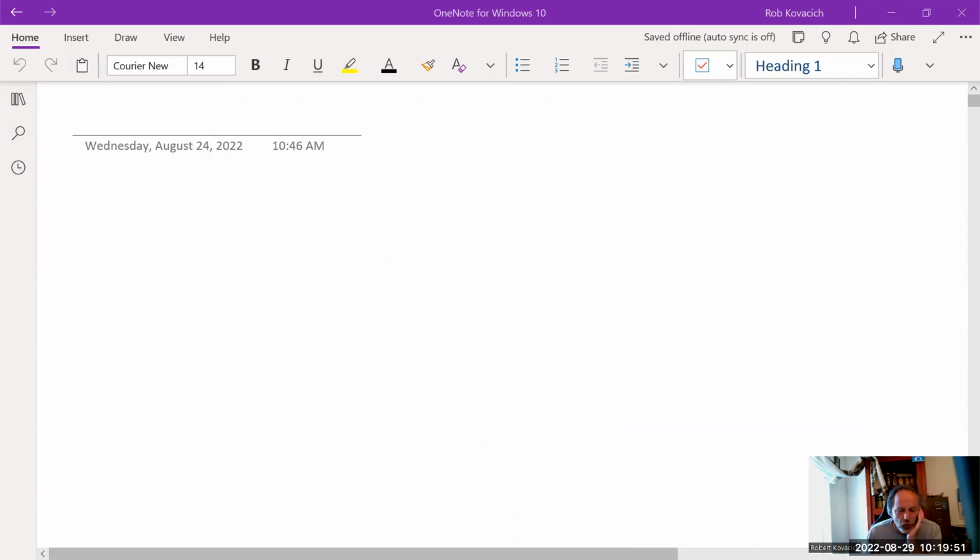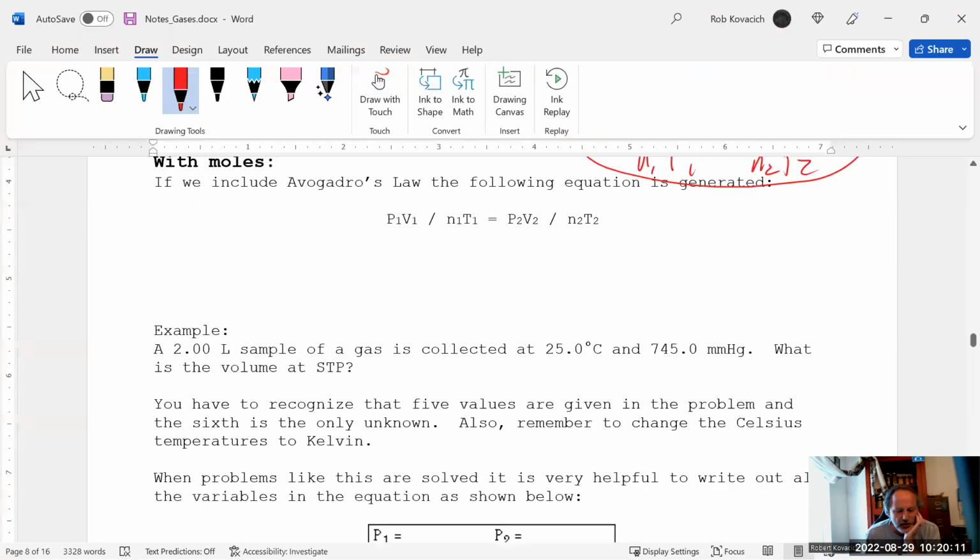Okay, so under worksheets, there's two really good worksheets for gas laws. One of them is called Gas Law Problems 1 through 27, and then there's Gas Laws 1 through 27 with answers. And then there's another one that says Gas Law Problems, 1 through 154.